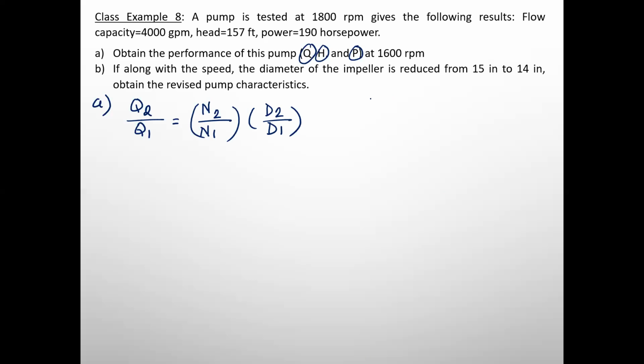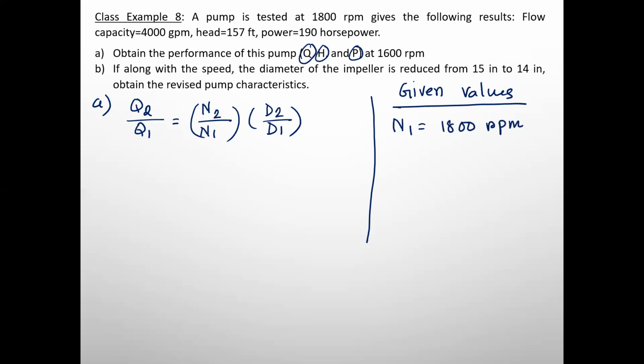I didn't write down the given values, so I will do that. N1 is given as 1800 RPM, Q1 is 4000 GPM, H1 is 157 feet, and P1 is 190 horsepower.